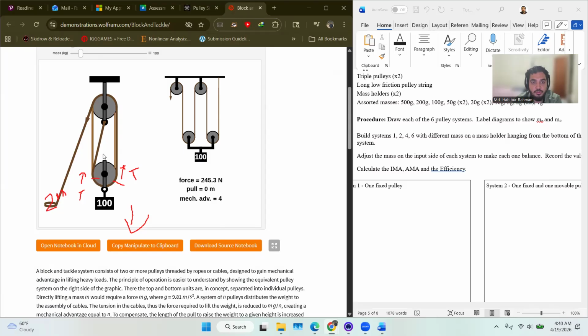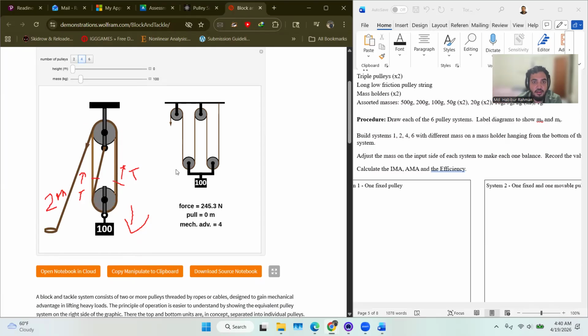And right now, how many ropes are attached to the mass? 1, 2, 3, 4.